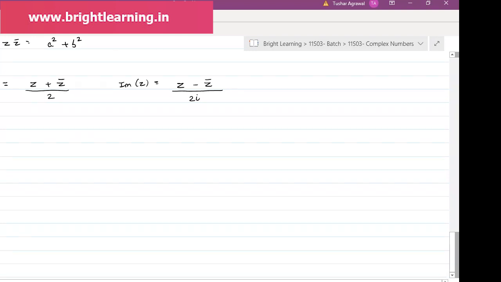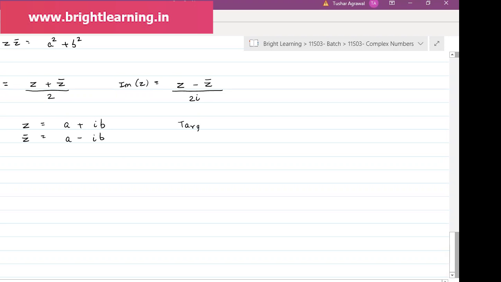Just how we used to solve linear equations. So Z is equal to A plus I times B. Z bar is equal to A minus I times B. Now what is your target? Can I find A?